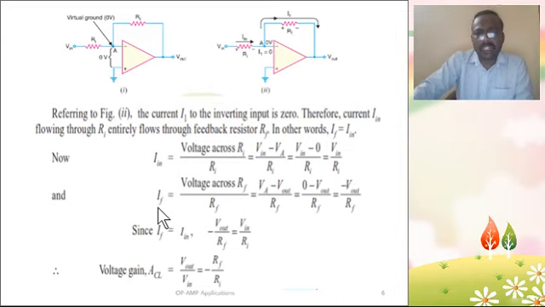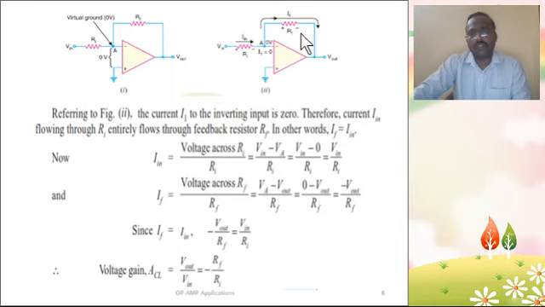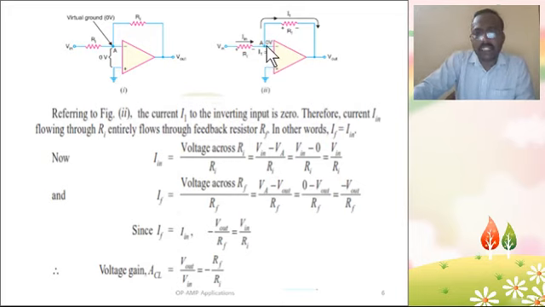The feedback current IF is equal to the voltage across RF divided by RF. What is the voltage across RF? VA minus Vout, divided by RF. The voltage at this node is equal to 0, so it is 0 minus Vout divided by RF.